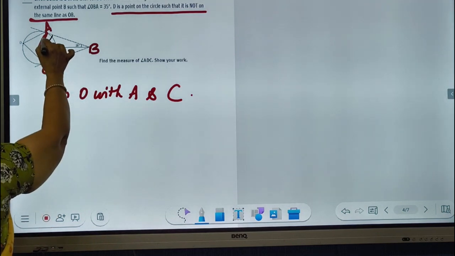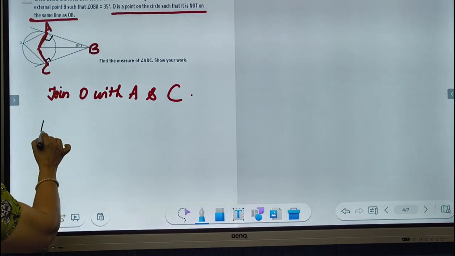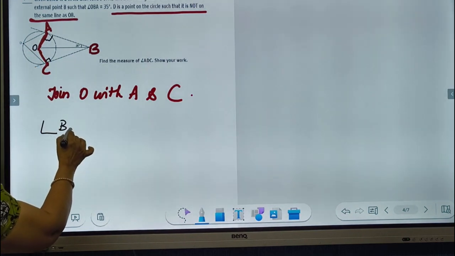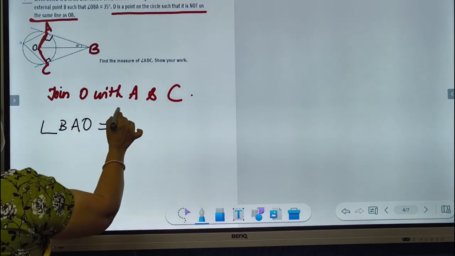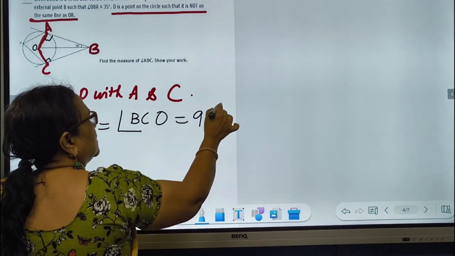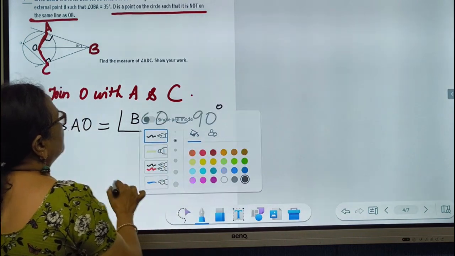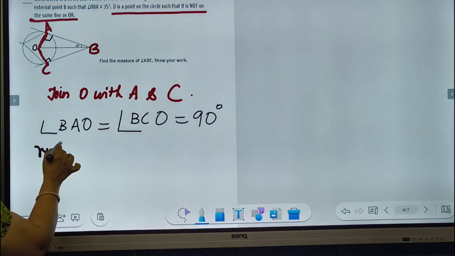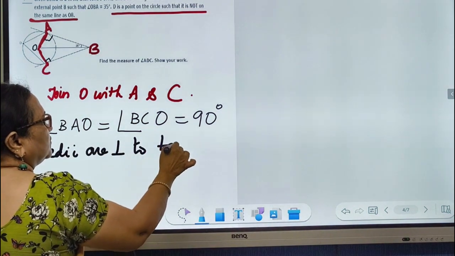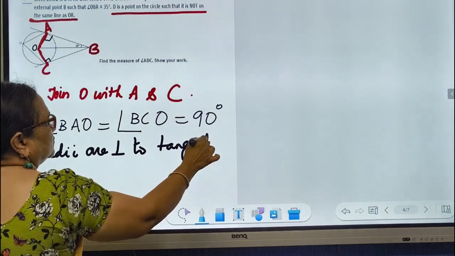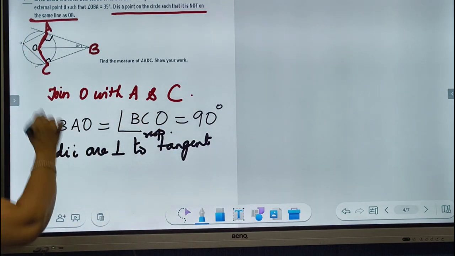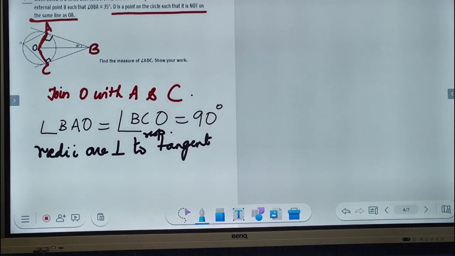So angle BAO equal to angle BCO equal to 90 degrees. Why? Because radii are perpendicular to the respective tangents. Here there is one tangent, another tangent. So that is 90 degrees.